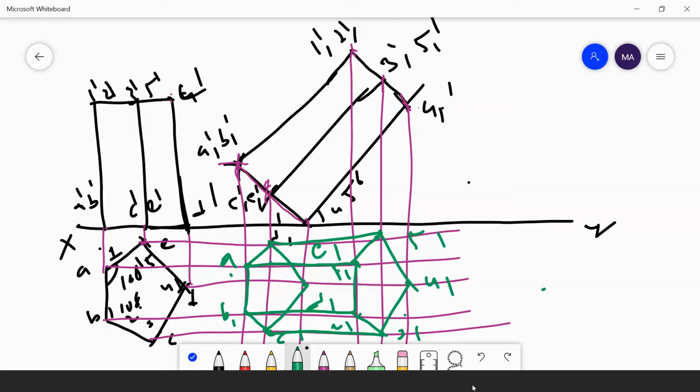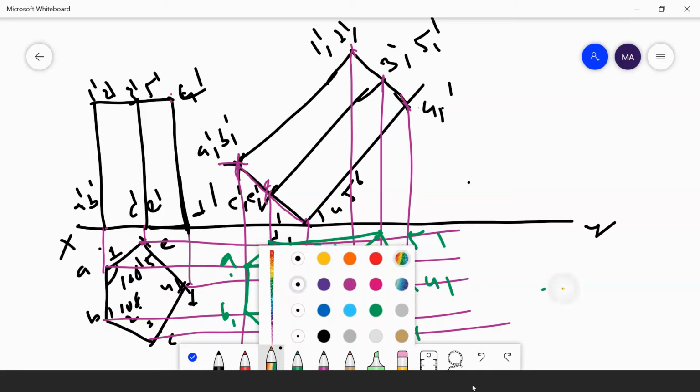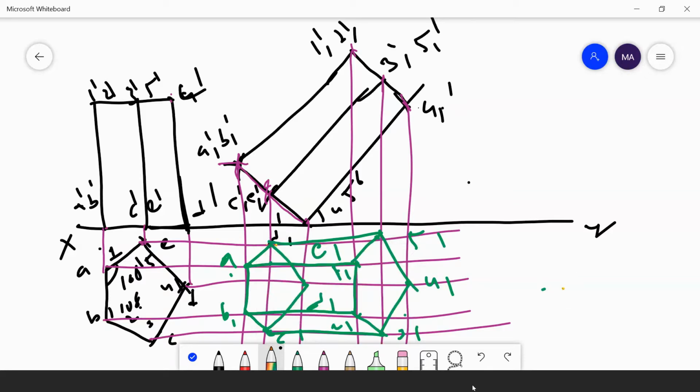So I am here indicating the hidden lines with some other pen. I am indicating with a yellow color pen. Is it visible? Or else I will take some other color. I am indicating hidden lines with this color. Is it visible?